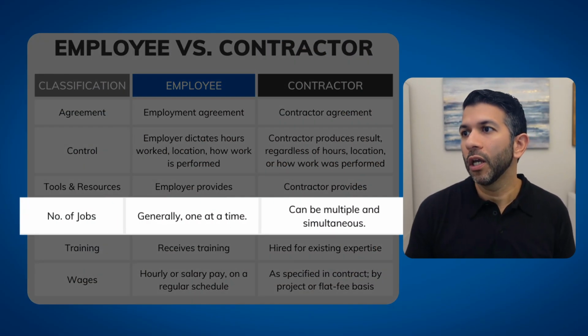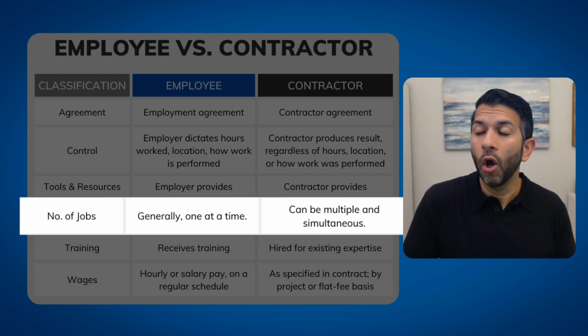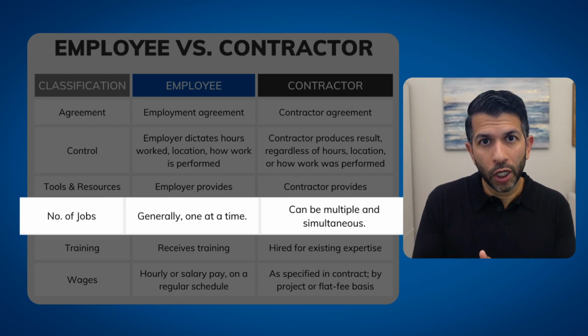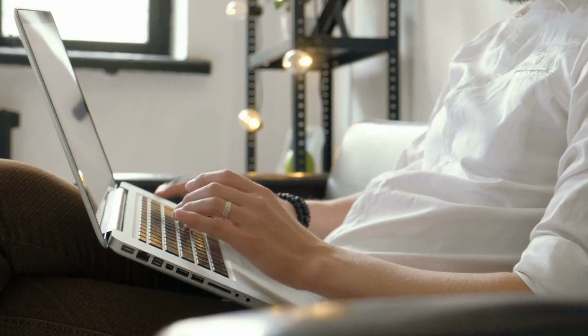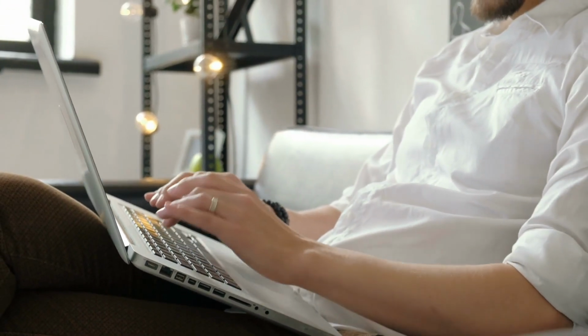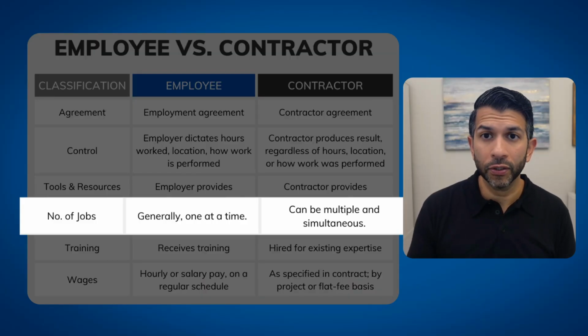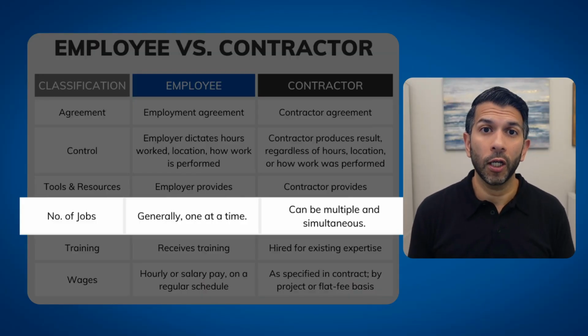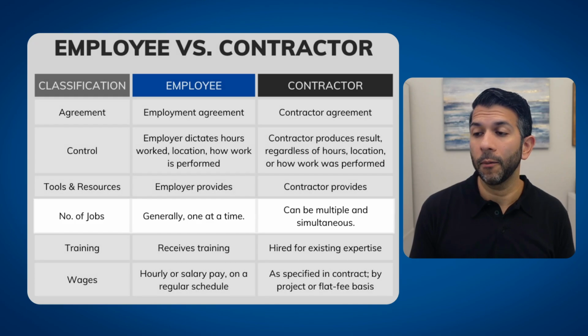Number of jobs. Generally, someone's an employee if they're really only working at one job, or even if they're working at that one job, are you allowing them to work at other jobs? That could be a sign on whether someone's an employee or a contractor, because contractors can work multiple jobs and they can do that all at the same time.